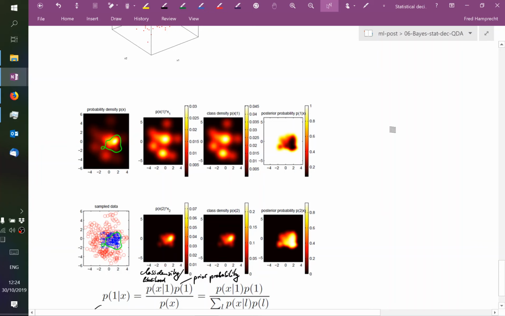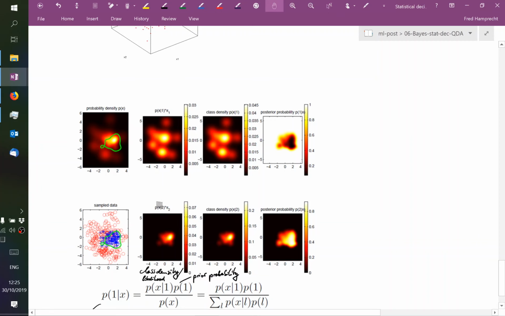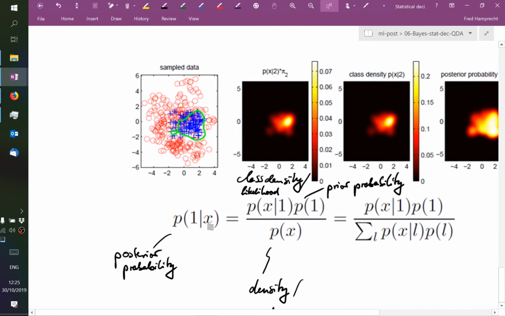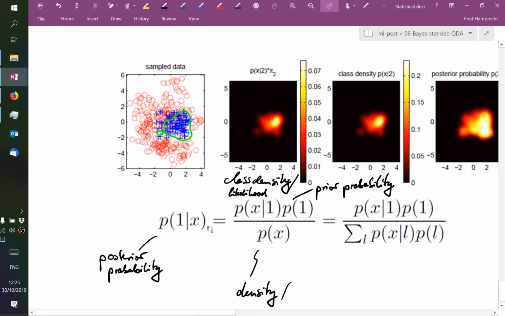Now my rule has a phase transition, or well, the set of points where I change from predicting this class to predicting that class, and that's the set of points where the two posterior probabilities are equally large. So I'm looking for the set of points where the posterior probability is 1/2, 1/2. And that set is shown here in green.